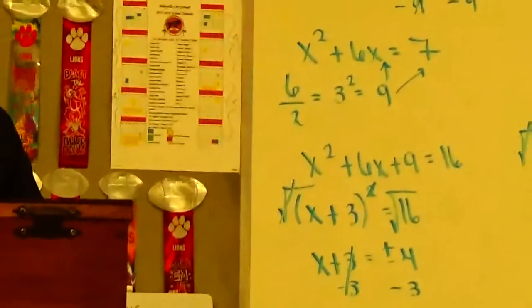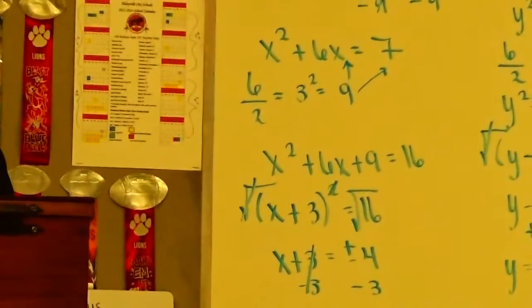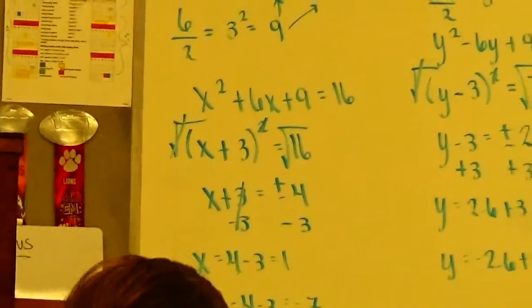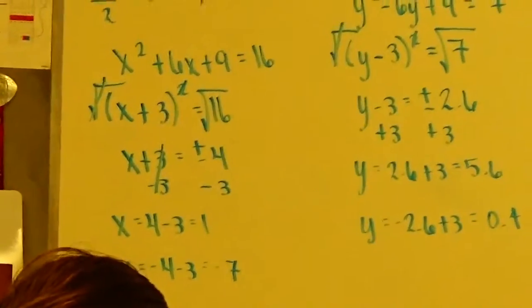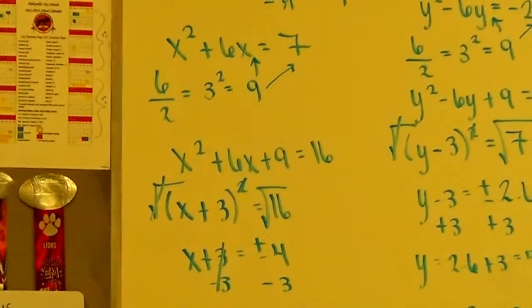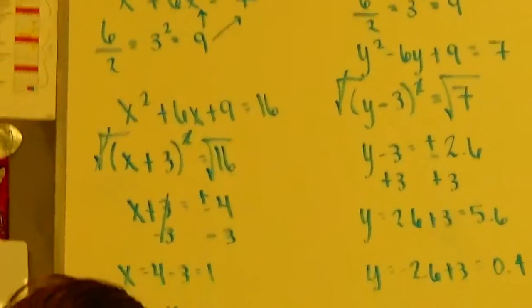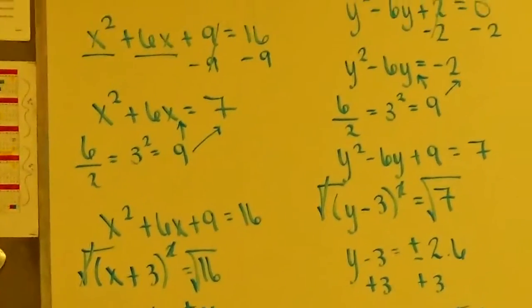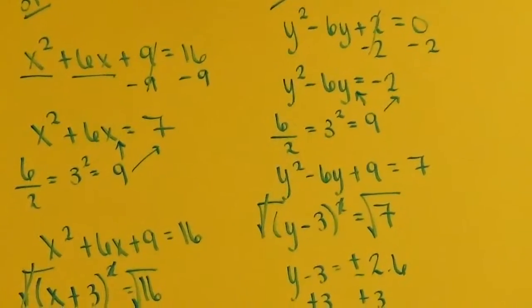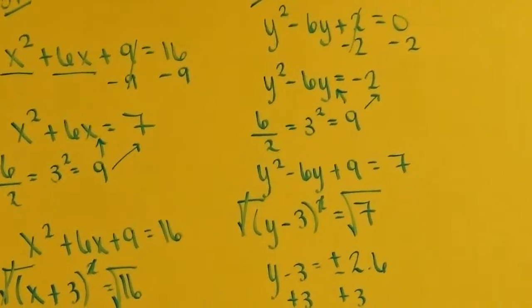The only thing that will be different is if we have a leading coefficient that's not 1. Then after you get your variable terms alone, you divide by that leading coefficient. If you get a decimal, that's okay. You still do it the same way. Does that make sense?